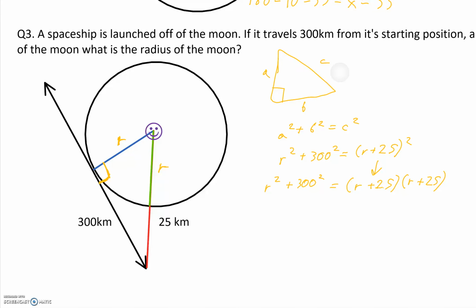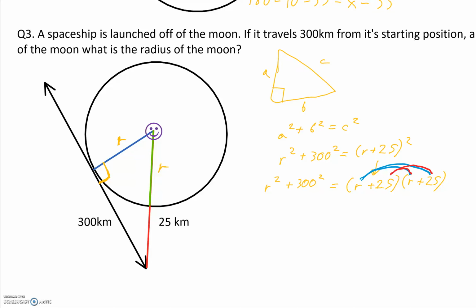Which then, I'll use a different color pen, but R will multiply at R to 25, so this is called distributive property, and then 25 to R, and then 25 to 25.